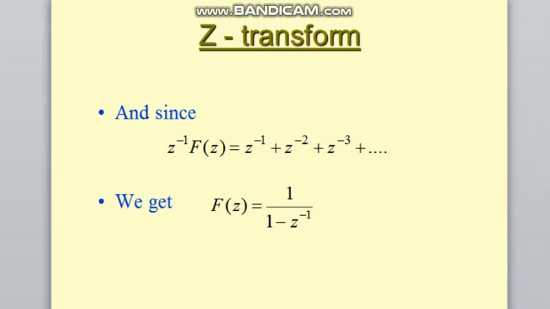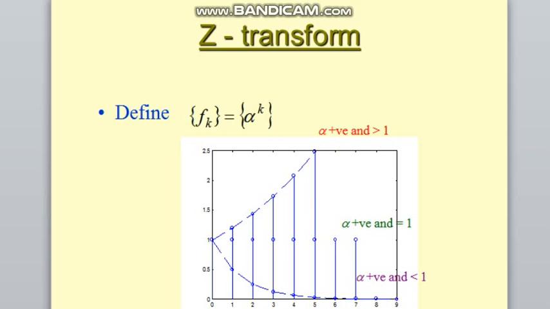Now let's see the practical formation of the Z transform. As you can see, there are some discrete values on the x-axis. There are some sample values, and some are positive, some equal to 1, some less than 1. We consider the value of alpha to be positive here.